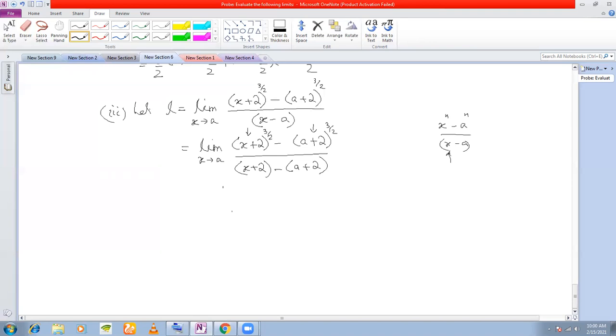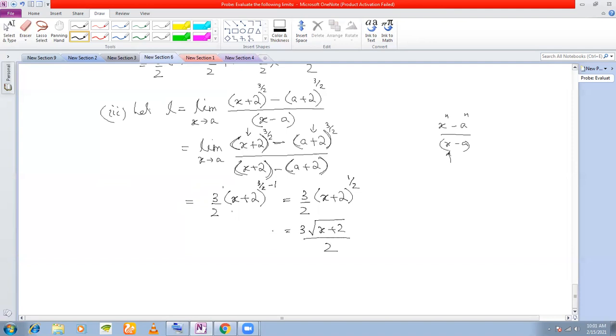See, this is x to the power of n minus a to the power of n divided by x minus a. So therefore, you can now put this as n, n here is 3 by 2, a to the power of n minus 1. So this is 3 by 2 x plus 2 to the power of half. So this is 3 root x plus 2 by 2.